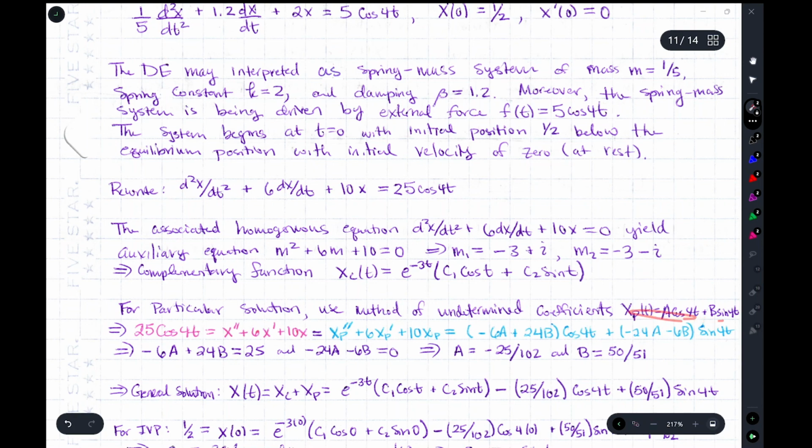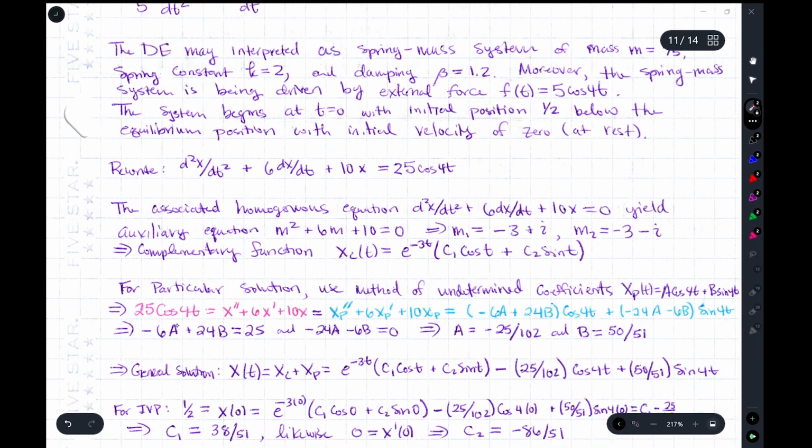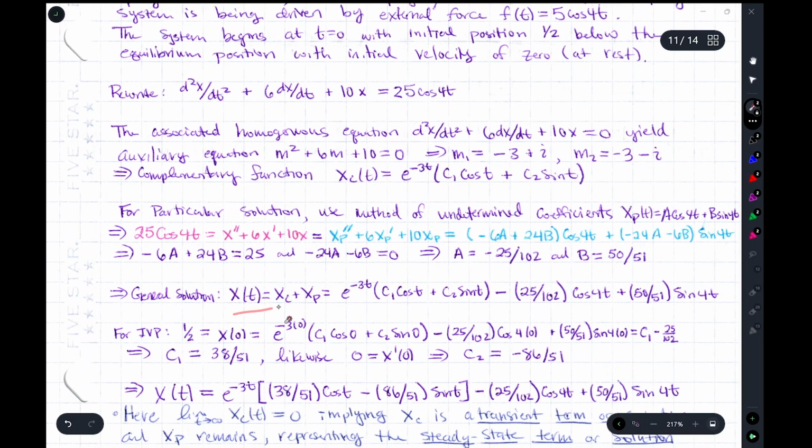There is no duplicated term from the complementary function, and so this is coming from the problem. This is coming from plugging in our assumed form, and we match coefficients to get these two equations or this solution there. And so our general solution is the complementary function plus the particular solution, and we get what you see here.